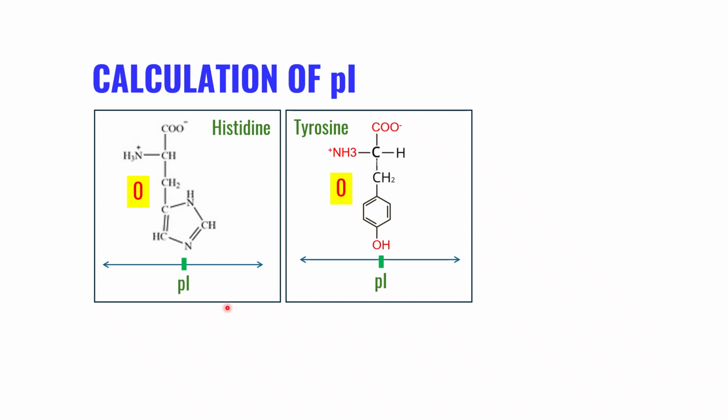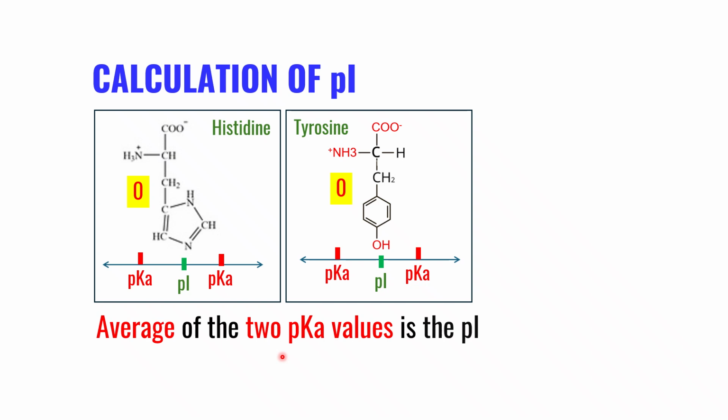Now the second thing you have to identify is the pK values flanking the zwitterion. There are two pK values which flank the zwitterion, and you will notice that the zwitterion is midway between these two values. Therefore, the third thing you have to do is average these two pK values flanking the zwitterion to calculate the pI.